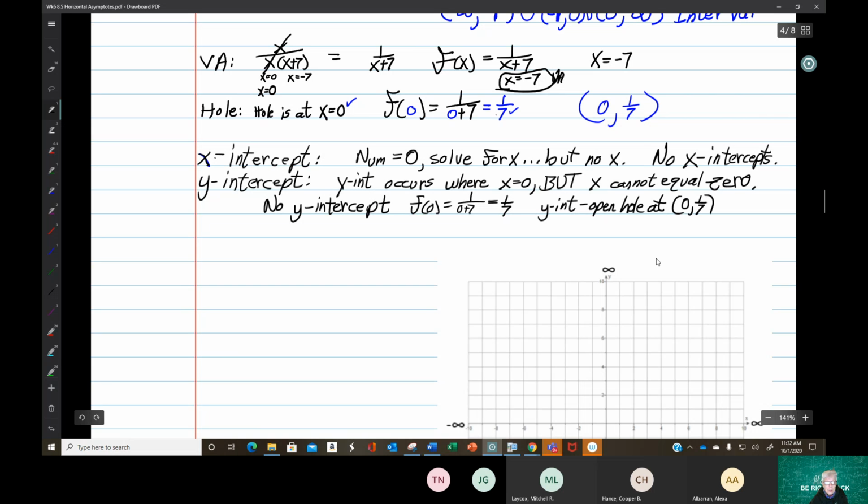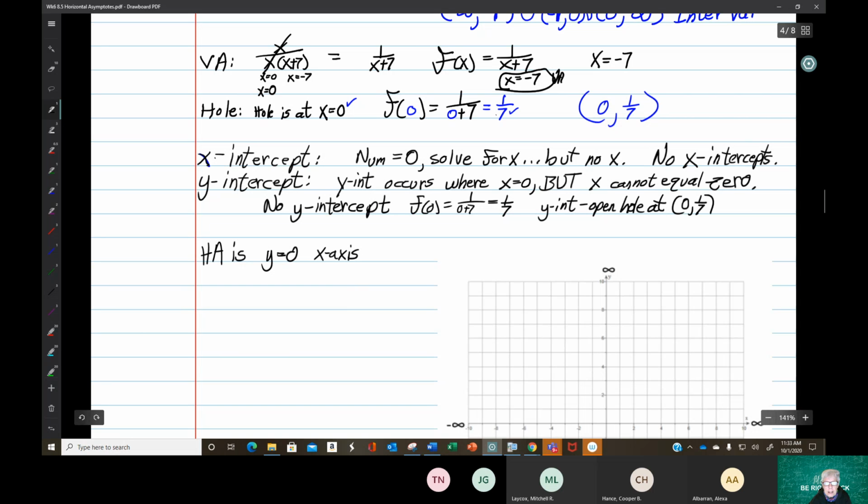So our horizontal asymptote is y equals 0, which is the x-axis, except, no, never mind that. x cannot equal 0. So we are going to have a little problem there, but we'll worry about that when we come to it.